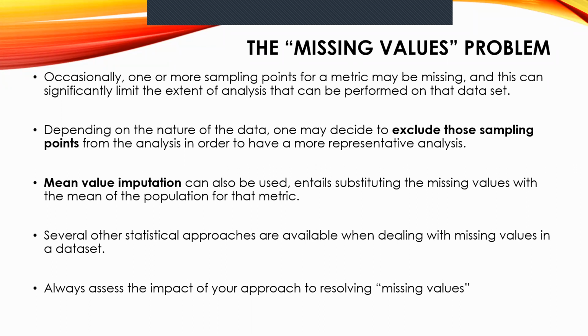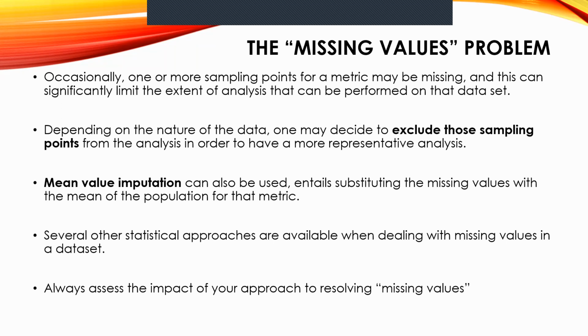Then another way to deal with this problem is something that's called mean value imputation. So in the case of that missing singular branch, it might just make sense for you to calculate the mean of all the sales transactions in the other branches and then substitute that missing value with that mean value.